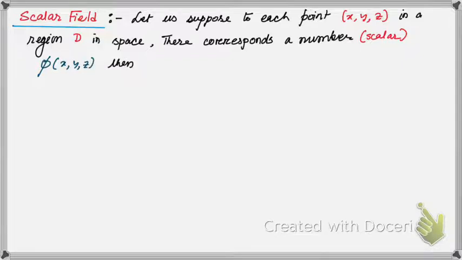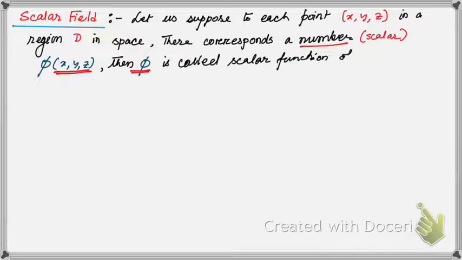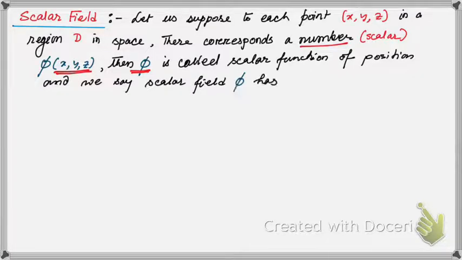This function gives the number associated with that particular coordinate xyz. Then this phi is said to be a scalar function of position, or we can say that scalar field phi has been defined on the region D.